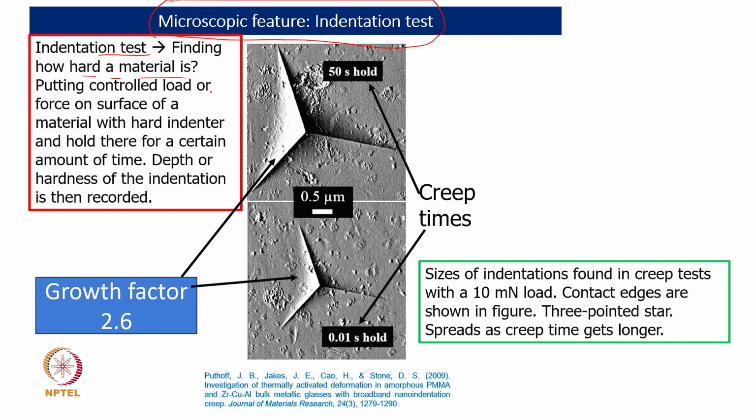However, in this case we go ahead with some load and some sort of indenter, and the hardness of the indenter will be much higher compared to the material which is to be tested, and then we keep it for some time. Particularly in this case, the authors of the 2009 paper spoke about nano indentation creep.